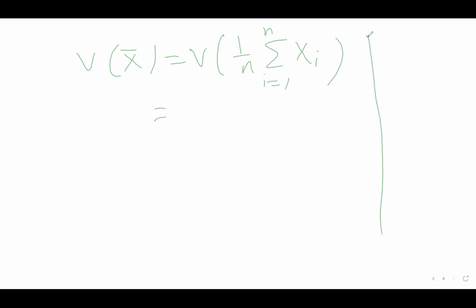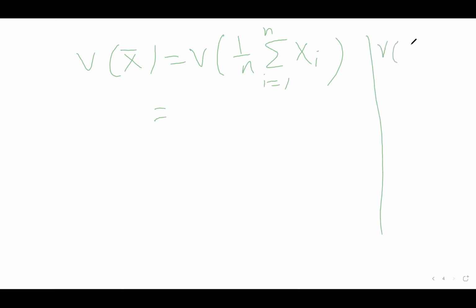So how can we calculate the population variance? Variance of x bar is equal to variance of 1 over n summation of i equals 1 to n xi. Okay, so now the variance also has a very nice property.